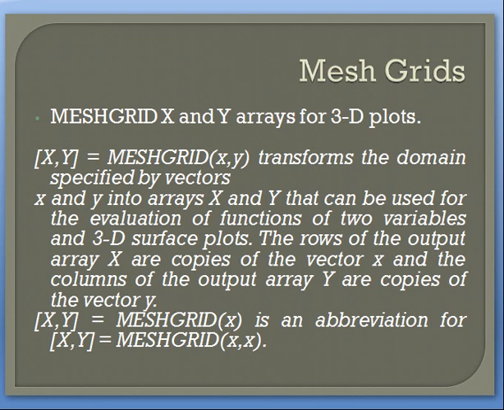The rows of the output array X are copies of the vector x and the columns of the output array Y are copies of the vector y. [X, Y] = meshgrid(x) is an abbreviation for this function.